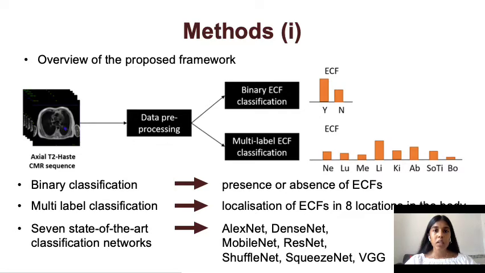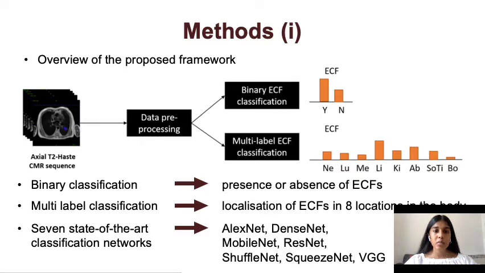The first one aimed to detect the presence or the absence of the extracardiac findings in the data, while the second one aimed not only to detect the extracardiac findings, but also to classify them based on their location in the body, particularly in the neck, lungs, mediastinum, liver, kidney, abdomen, soft tissue, and bone.